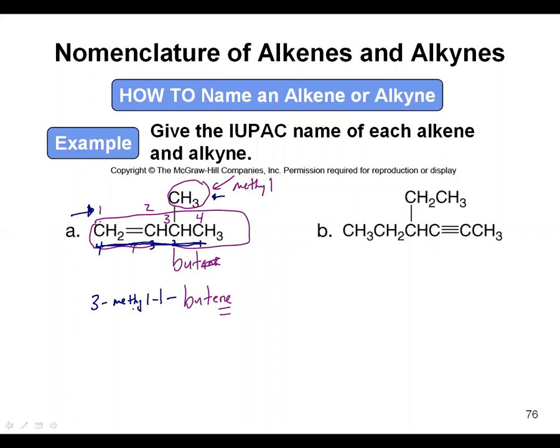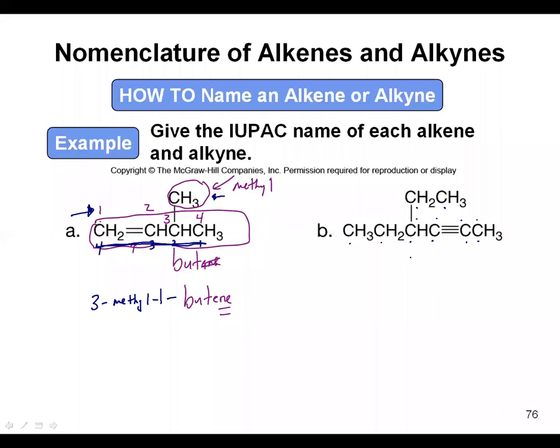Same thing with our triple bond here. We'll do the same approach. If we go 1, 2, 3, 4, 5, 6, we go 1, 2, 3, 4, go up, 5 and 6. Looks like 6 no matter which way you go, so might as well again take the straightest way.